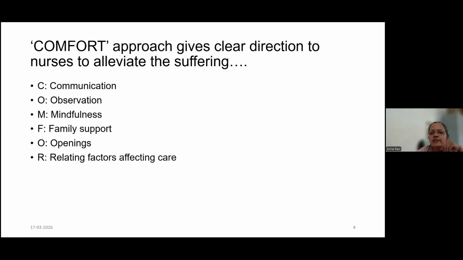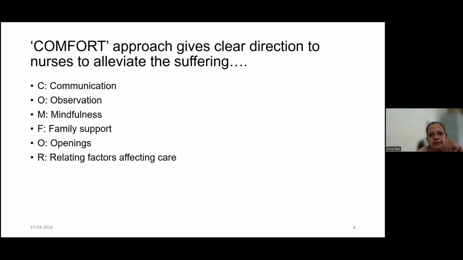Relating factors which affect care, right? There may be many things which are affecting the total care of the patient, so we need to identify them. If we have good communication practice, we can always reach out to people. And as nurses, we are the center who will connect the patient with others.